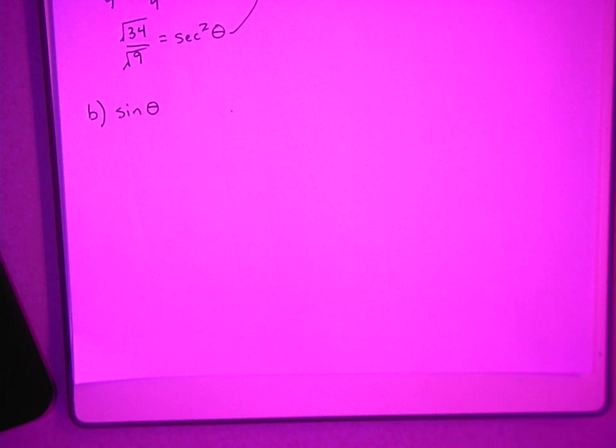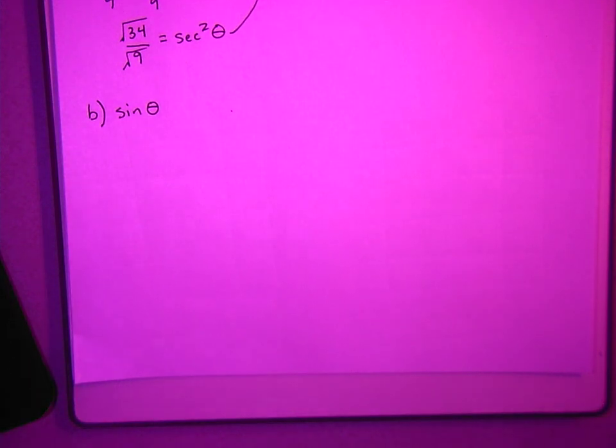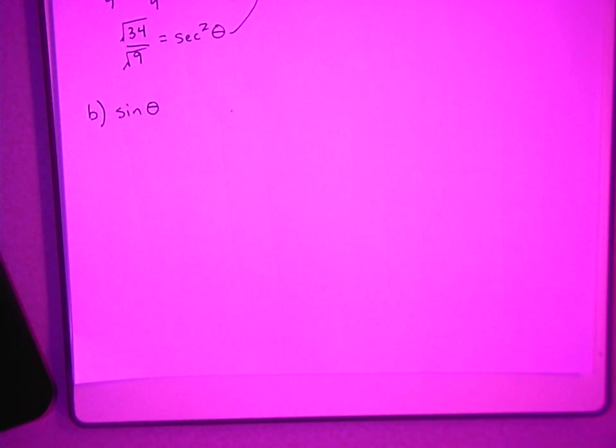The opposite of secant is cosine, so that'd be that way. To figure out sine, you put it into this one, or you use 3 over 5. Which one, the first one? Yeah. So you find cos when you use, yes.